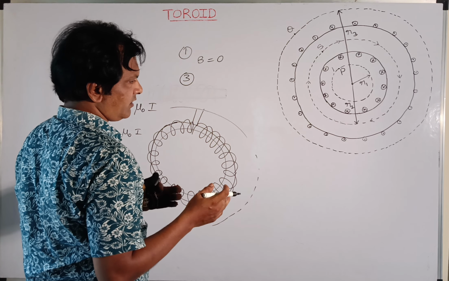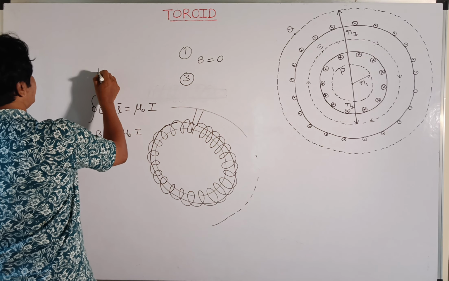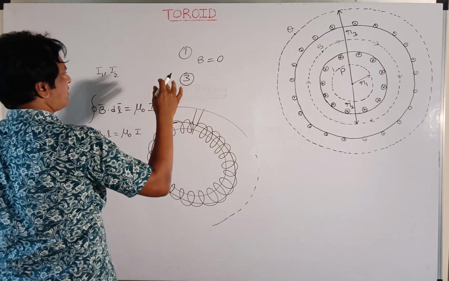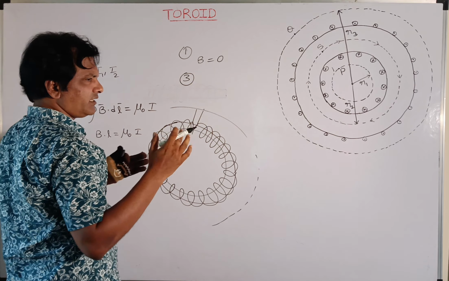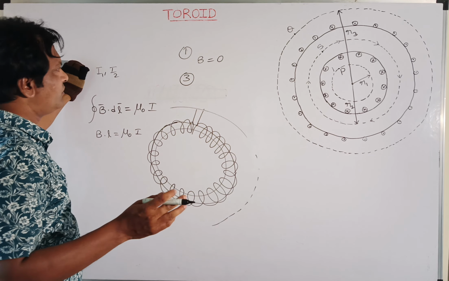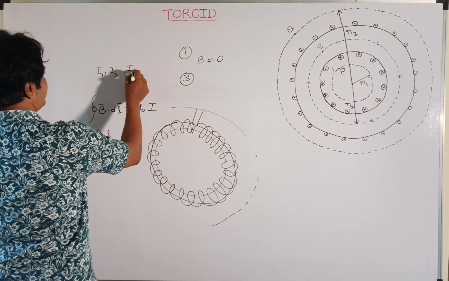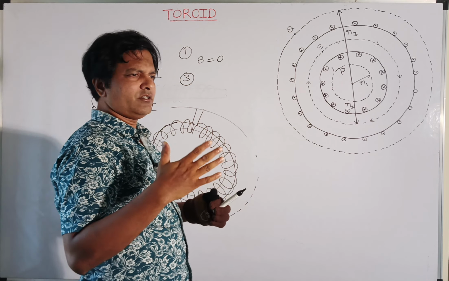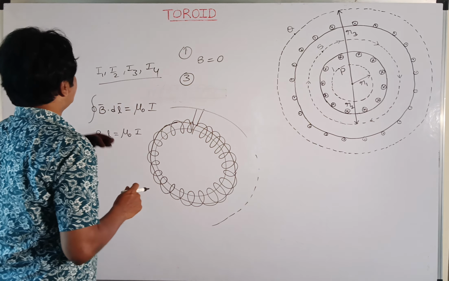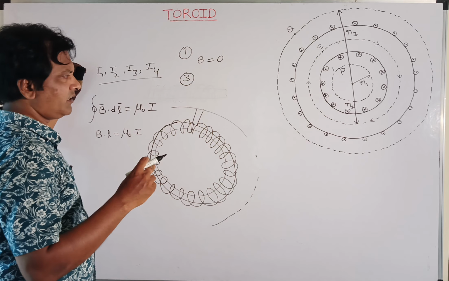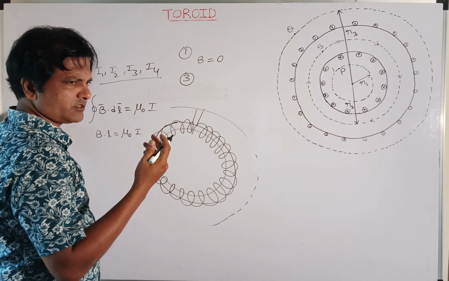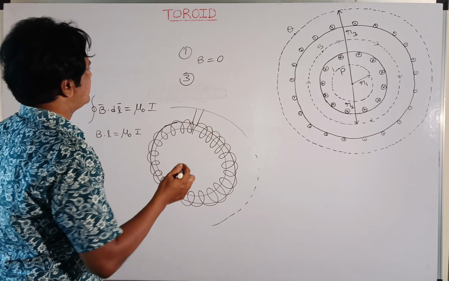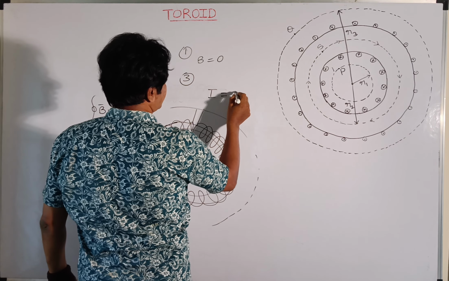So the algebraic sum of all the currents means if I1, I2 are going in, they must be cancelling with I3 and I4, where I1, I2, I3, I4 are same values. So if the same number of values are going in and coming out, because of the sign, one is going in and other is coming out, the algebraic sum of all the currents will be equal to 0.